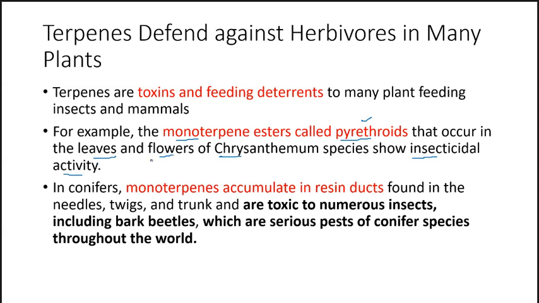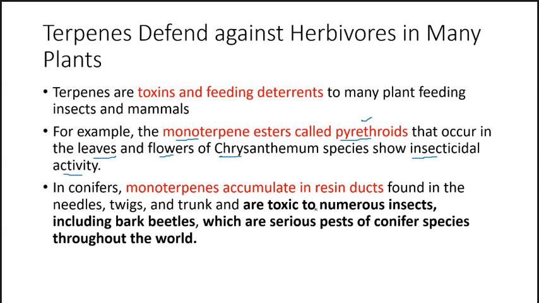Both natural and synthetic pyrethroids are popular ingredients in commercial insecticides. Why are they popular? Because they have low persistence in the environment, and their toxicity is negligible to mammals. But they are insect repellents.